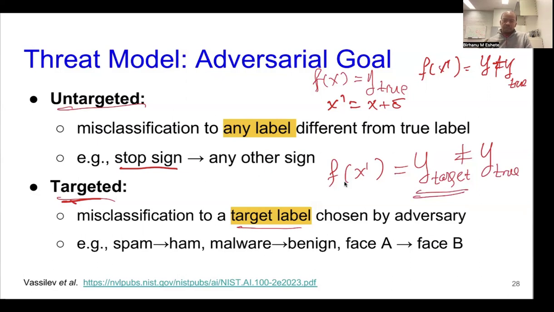For instance, in spam, if you want to fool a spam filter or a spam classification model, you have to give it a spam and you want it to be misclassified as ham because that would fulfill your objective. The same way for a malware classification model, you want it to be misclassified as benign, or in facial recognition models where you want to impersonate a target person. So given your face, you want it to be misclassified as that other person's face, right? So these are the two broad classes of threat models of adversarial examples based on our adversarial goals.